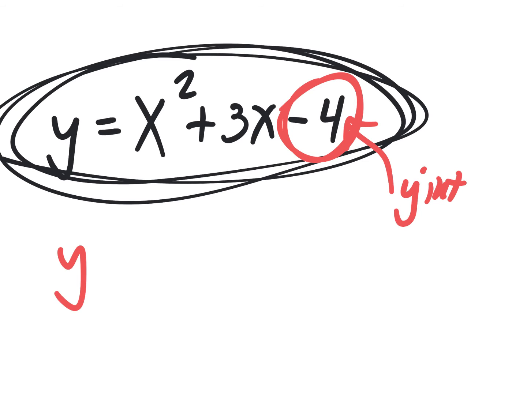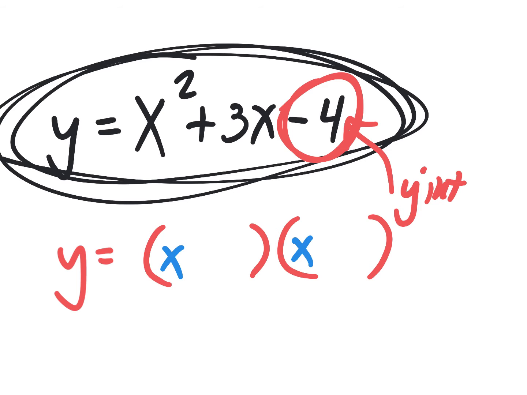Otherwise, I'd rather have this. Let's see if you can hang with this. This is the factored form of this, and I go like this. x and x, because then it makes x squared.